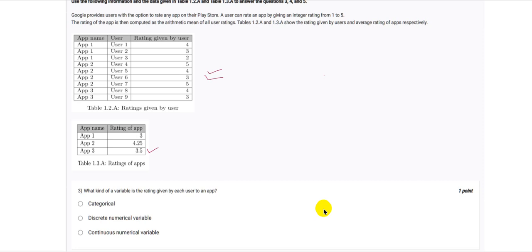So we can calculate the average rating for an app from these ratings of the users, and this rating also takes only integer numbers from 1 to 5, right? So it is a discrete variable, and also it is numeric, so it is a discrete numerical variable. This is our right option.